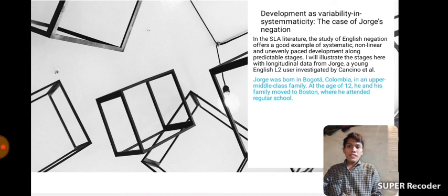I will illustrate the stages here with longitudinal data from George, a young English L2 user investigated by Cancino et al. George was born in Bogota, Colombia, in an upper middle class family. At the age of 12, he and his family moved to Boston, where he attended regular school.